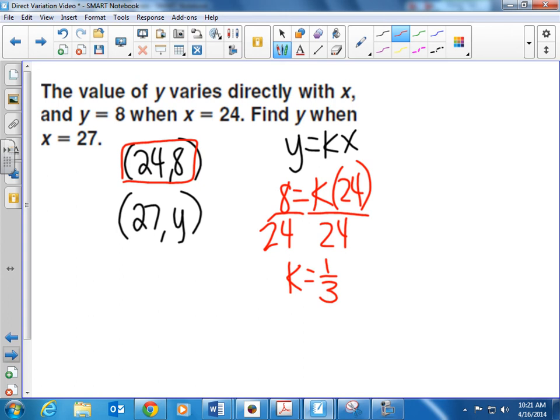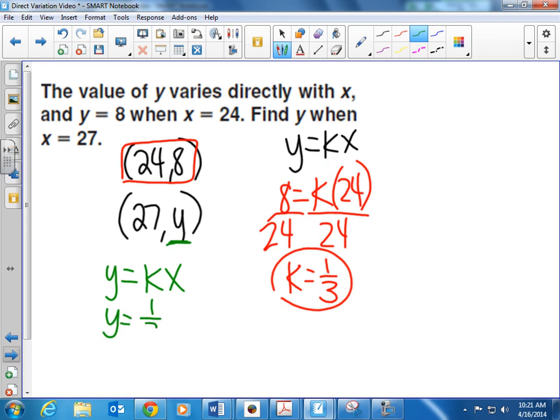So now I can use that constant of variation in a new equation that I write, y equals kx. I know the constant of variation is 1/3, and I know that my x value in my ordered pair is 27. What is 1/3 of 27? 27 divided by 3, which is 9. So the answer to the problem that they wanted is y equals 9.